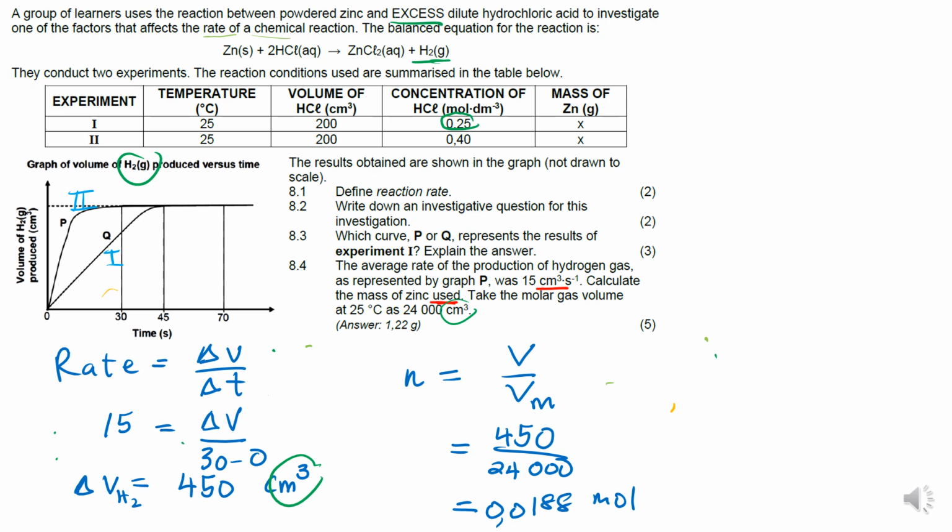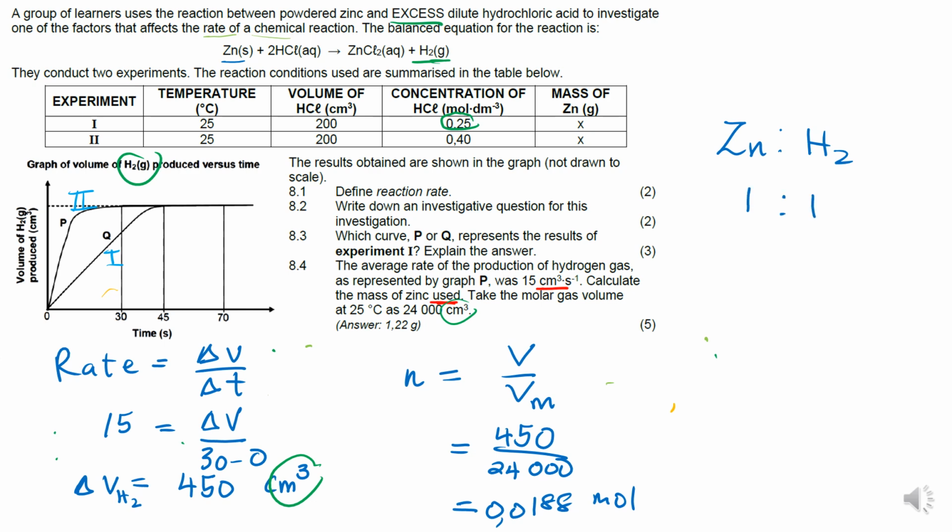And then from there on, I can use that to get the number of moles of the zinc, because that's where I'm going. So the number of moles of zinc I can find first using the mole ratio of zinc to H2. The ratio, if you check the reaction, is 1:1.